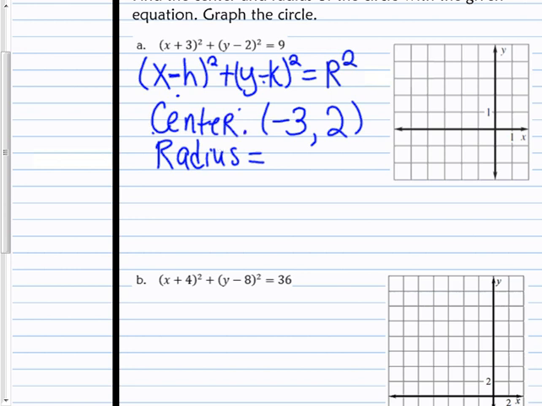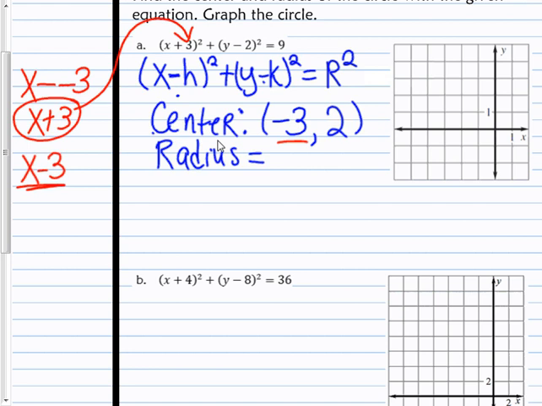When I plug this negative 3 into this equation, x minus negative 3 becomes x plus 3, which is what they have. If I were to say the center is 3, well, x minus 3 is x minus 3, which is not what our question is. Our question is x plus 3. So our center is negative 3, 2.